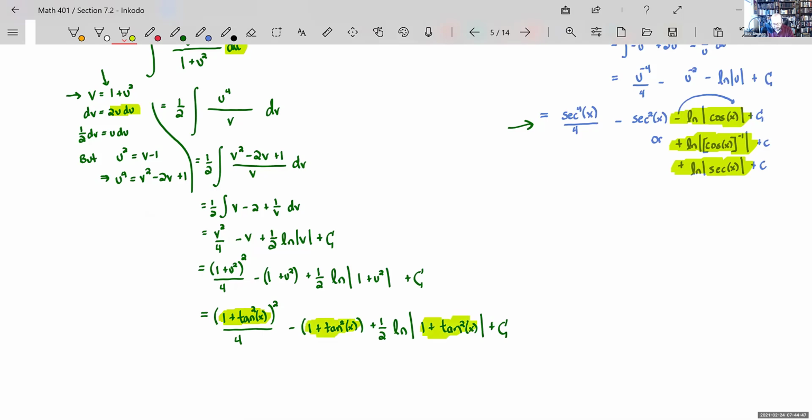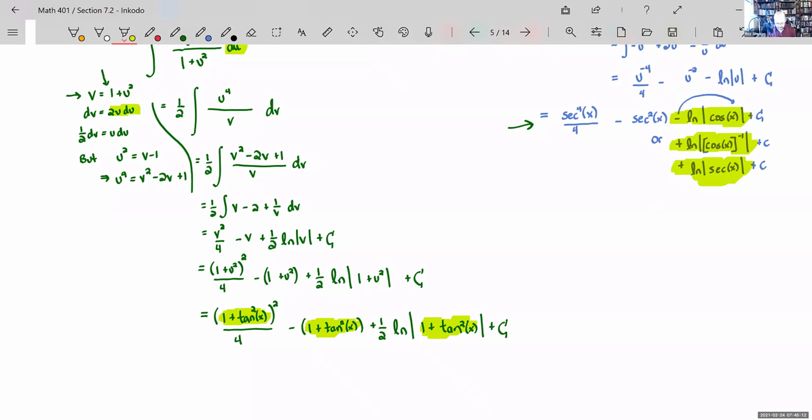Now you may say, wait a second, I don't see a 1/2 here. I see the natural log of the secant, but it turns out that that 1/2 just makes a constant multiplier, and that bleeds into the c. So we don't really have to worry too much about that.